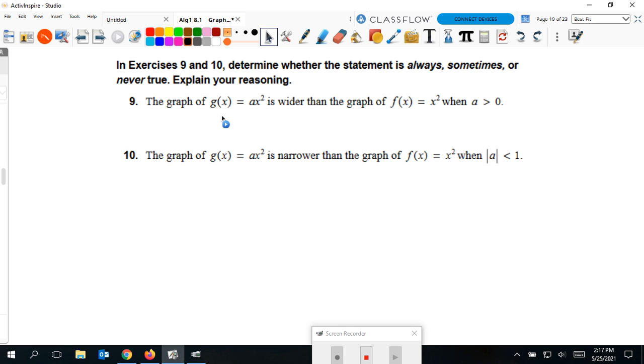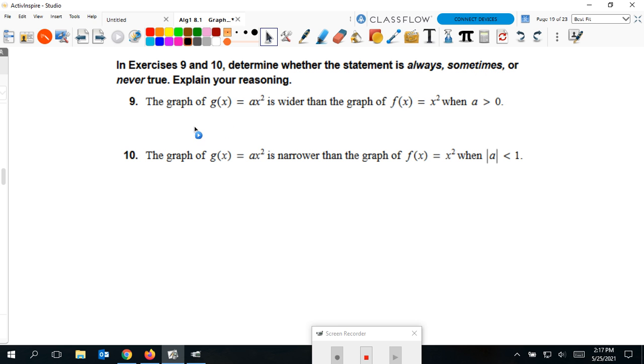So is it always going to be wider when that's true? Is it sometimes going to be wider, or is it never going to be wider? Well, in this case, remember, a greater than 0 just means it's opening up, which is the same direction that our parent function is going.